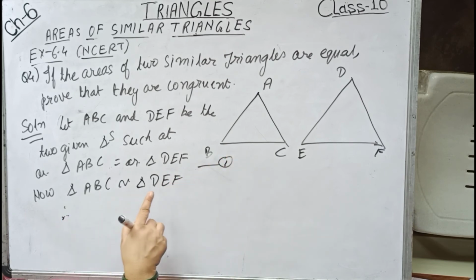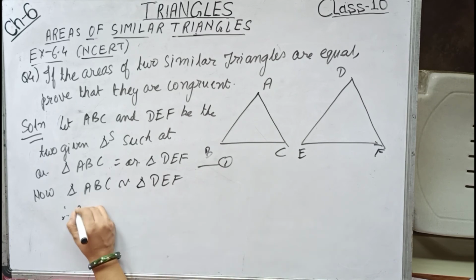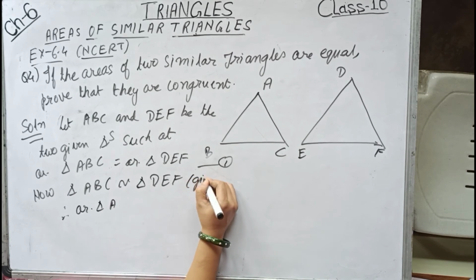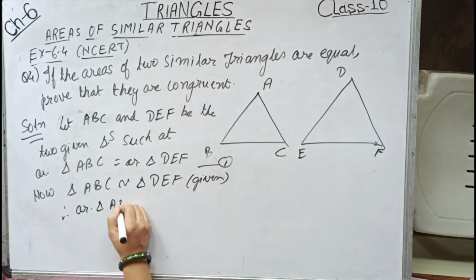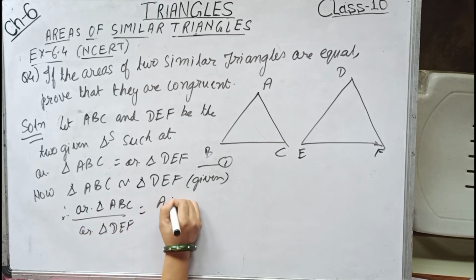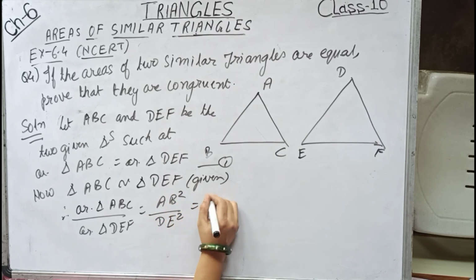Therefore now, if triangles are similar, the ratio of their areas is equal to the square of the ratio of their corresponding sides. Therefore area triangle ABC by area triangle DEF equals the square of the ratio of their corresponding sides.